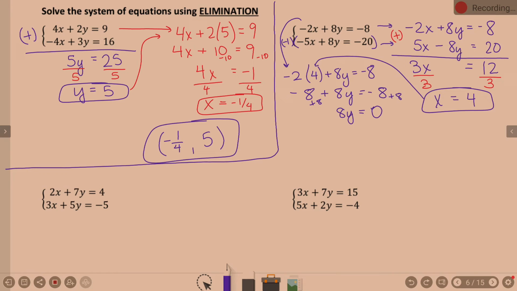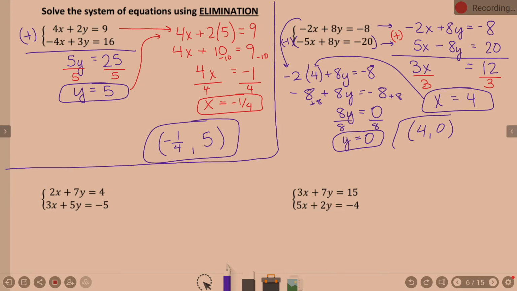Should I stop here? Am I done? No. 0 is a number, guys. Keep working. Okay, common mistake I see here is, oh, there's a 0, no solution. I'm done. I quit. No, 0 is a number. Keep working. How do I solve for y? If it's 8 times y, we're going to divide by 8, and y is 0. 0 divided by anything is 0.